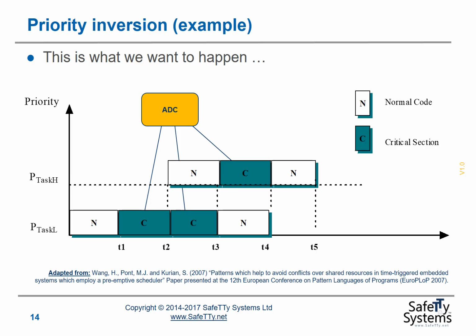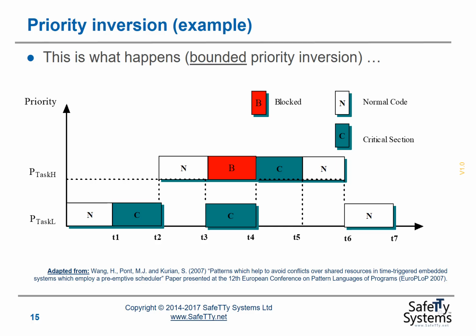Now we'll assume that we have a situation where the low priority task runs. It locks the ADC during its execution, and then we run the high priority task. So we end up with a situation that looks like this.